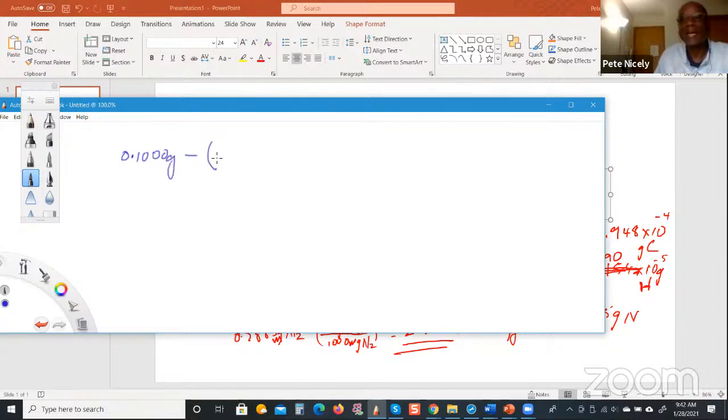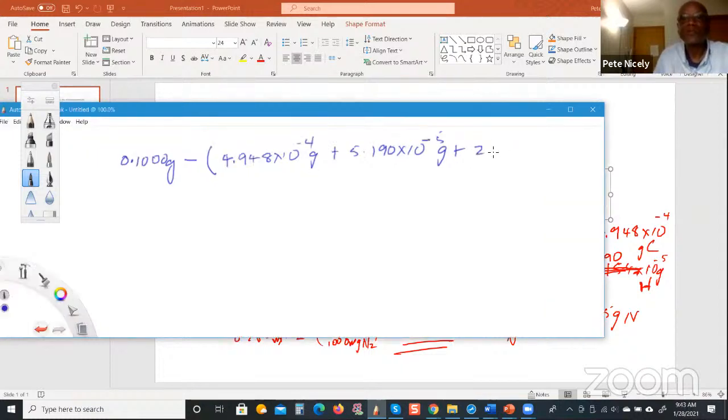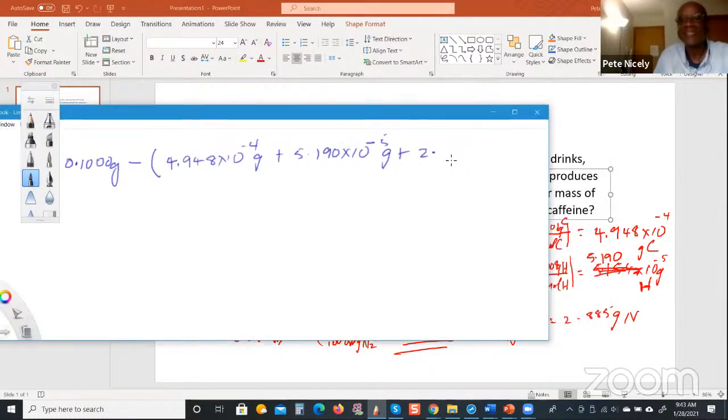We subtract from that the mass of carbon, which is 4.948 times 10 to the minus 4 grams, plus the mass of hydrogen, which is 5.190 times 10 to the minus 5 grams, plus the mass of the nitrogen, which is 2.885 times 10 to the minus 4 grams.